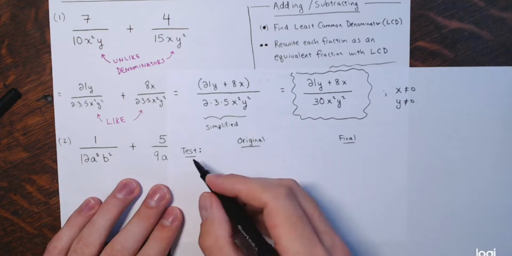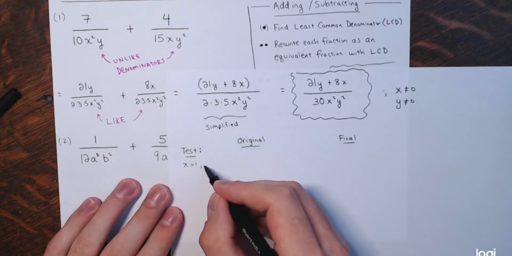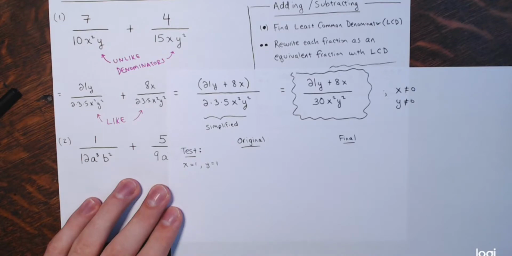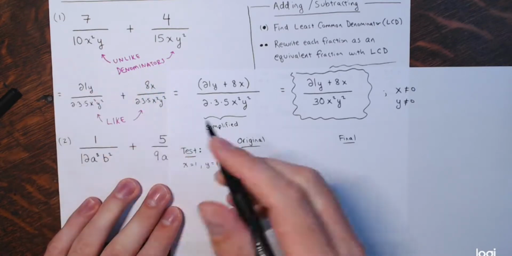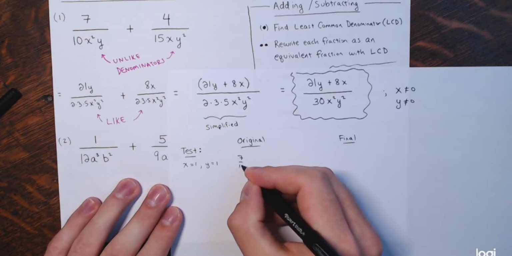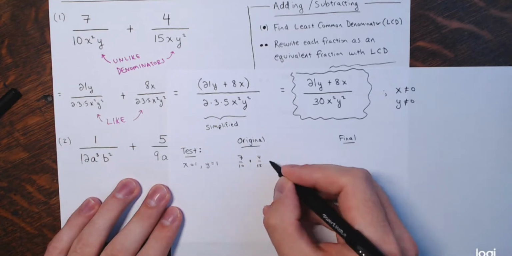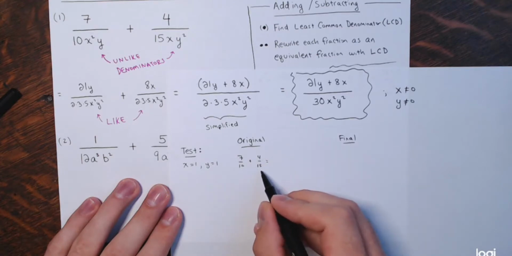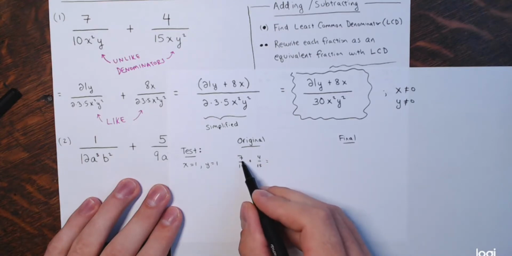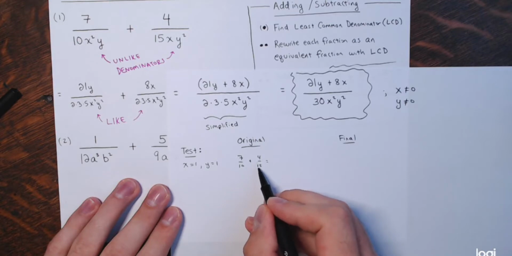All right, so how about if x and y were both 1? X were 1 and y were 1. Well, the first expression would be 7/10 plus 4/15, if x and y were both 1. And if you put these together, this would be 21/30 plus 8/30.